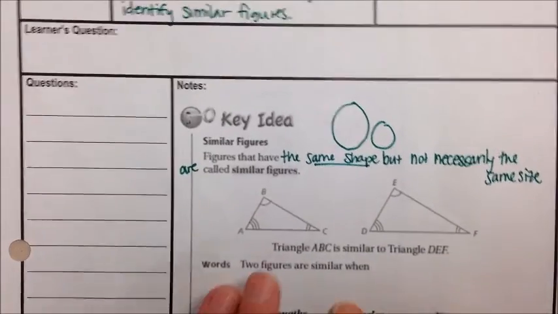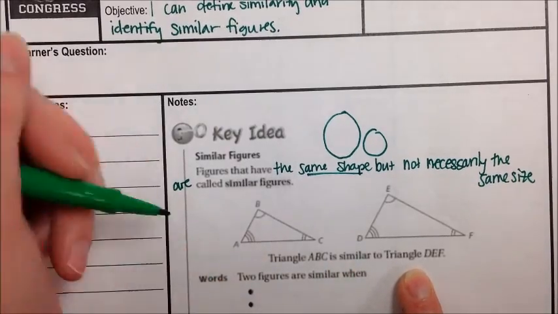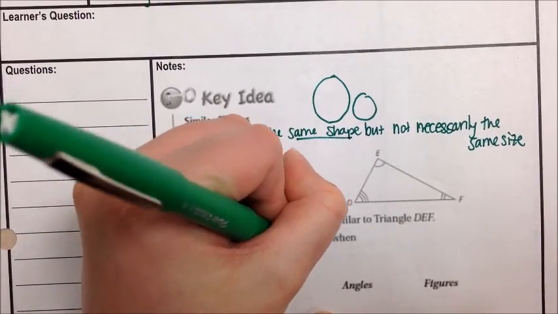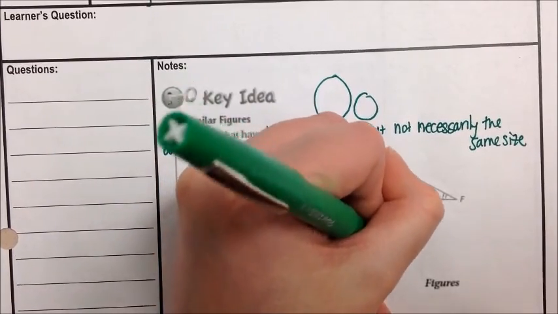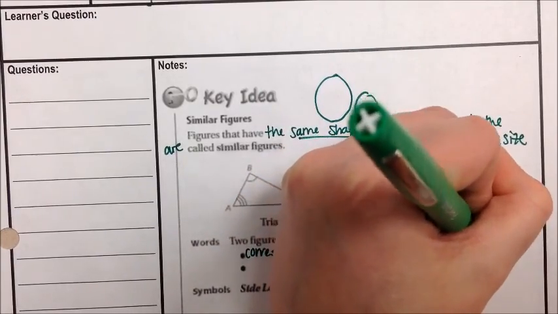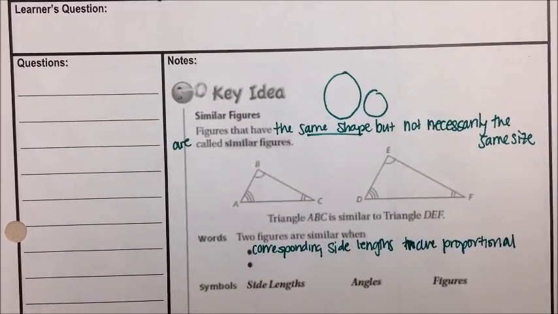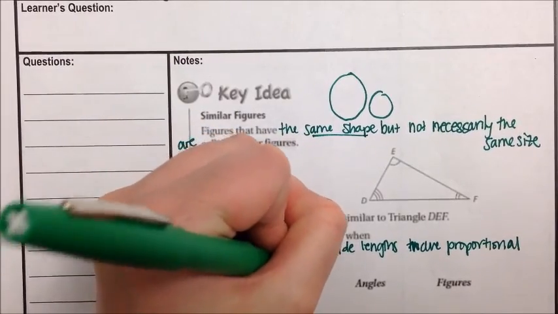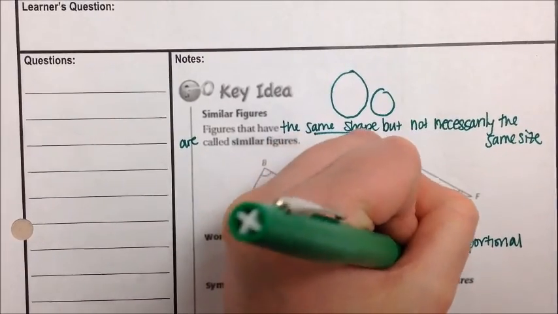Okay, so if you look here, triangle ABC is similar to triangle DEF. So we have to have corresponding side lengths that are proportional, and corresponding angles that are congruent.